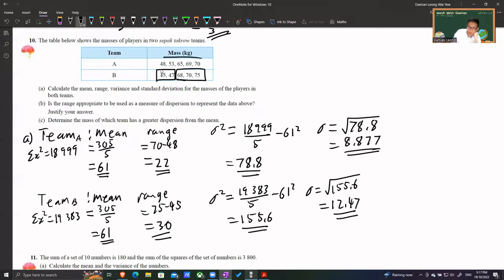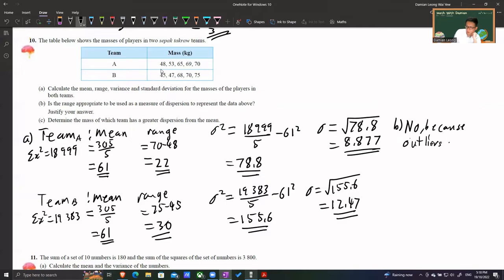Whereas this one, all the values are considerably close together. But for this one, these three values are close, but 47 and 45 are very far away from them. So they are considered outliers or extreme values. So it's not suitable to use range.